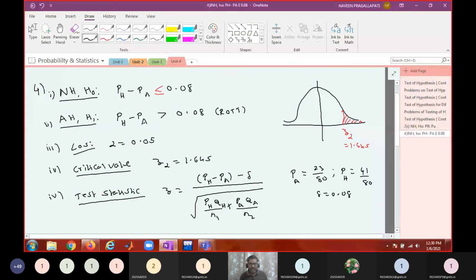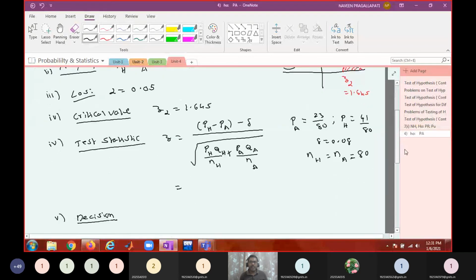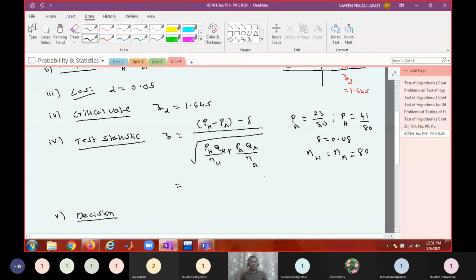Instead of N1, I will write NA, and instead of N2, I will write NH. This is NH homeopathic and N allopathic. This is correct. So NH equals N allopathic equals 80. We had better use the proper notation to avoid confusion or mistakes.